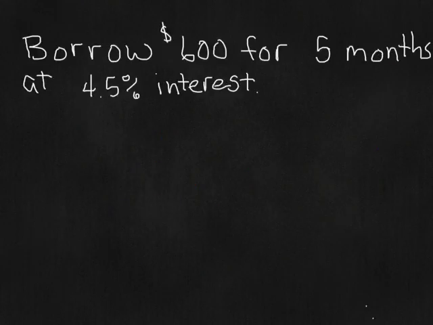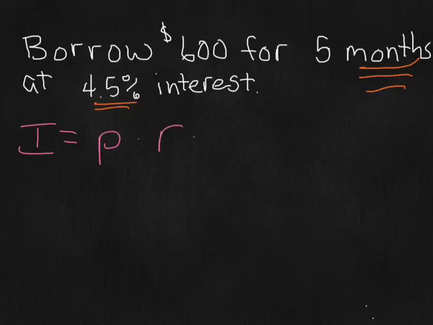Okay, so if I were going to borrow $600 for 5 months at a 4.5% interest rate. So again, notice this is months and I need to use years. So interest is principal times rate times time. My principal is $600. My interest rate is 4.5%. I need that in decimal form.